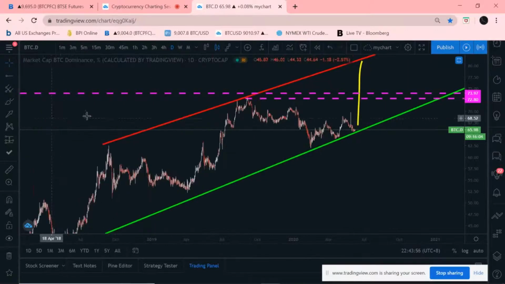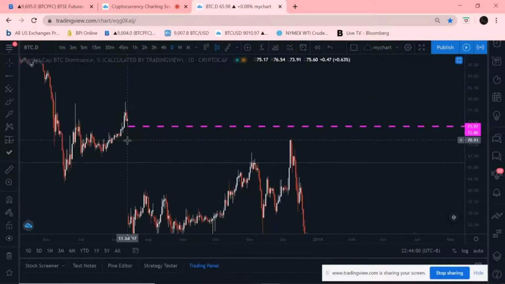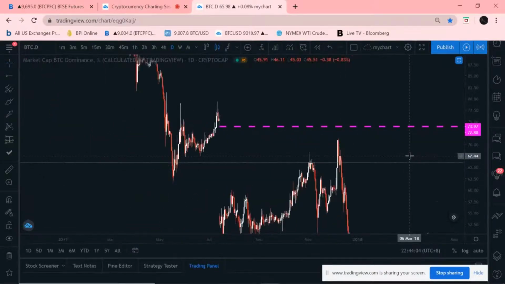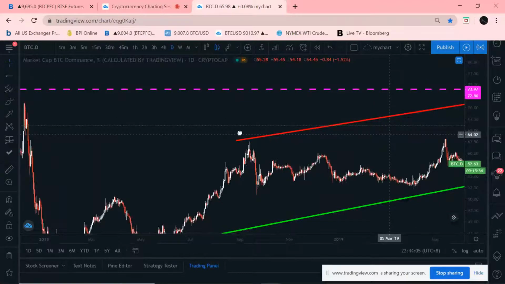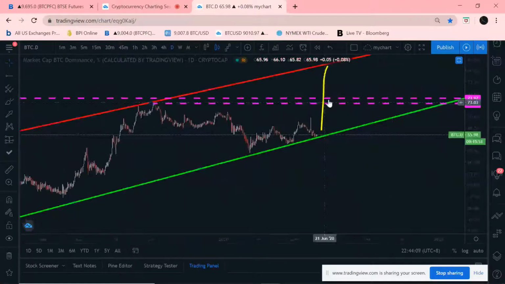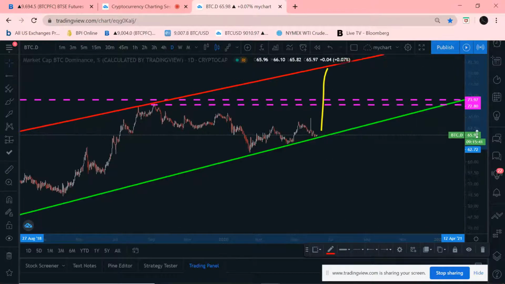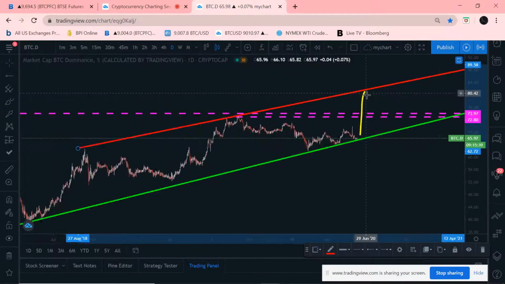What's the low of this? Wait, let's check this chart so that we can check the low. The low is 73.91. So that's the possible area where it will fill this gap. And if it fills the gap, it could possibly move higher to around 80 dominance.